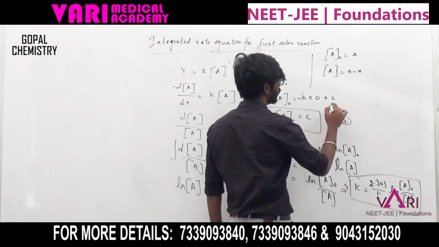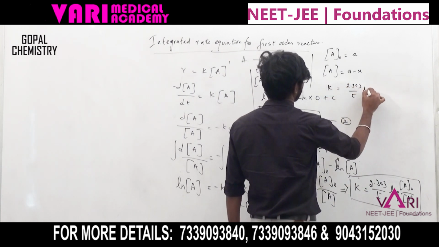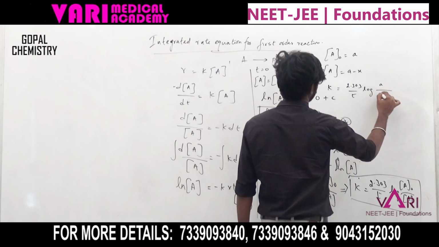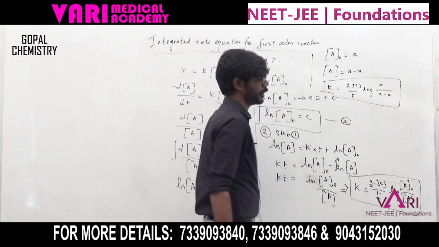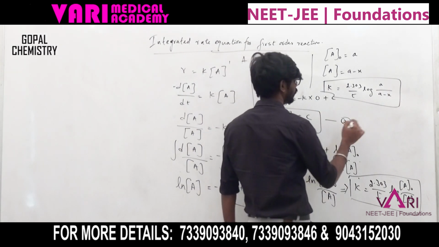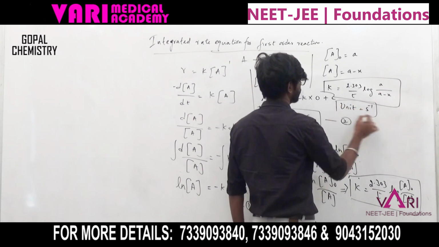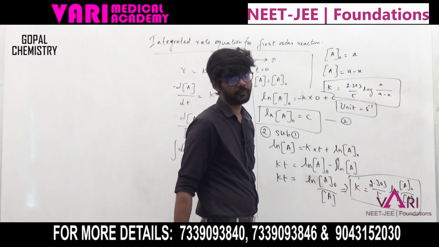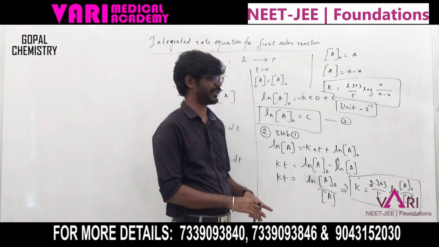So this will change into k equals 2.303 by t log of a by a minus x. So what is the unit for k? Per second, as we discussed earlier. So the unit of rate constant in first order reaction is per second.